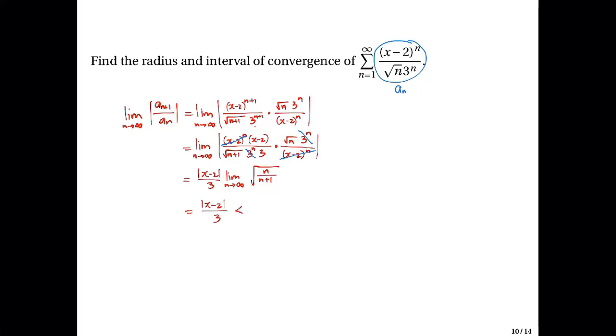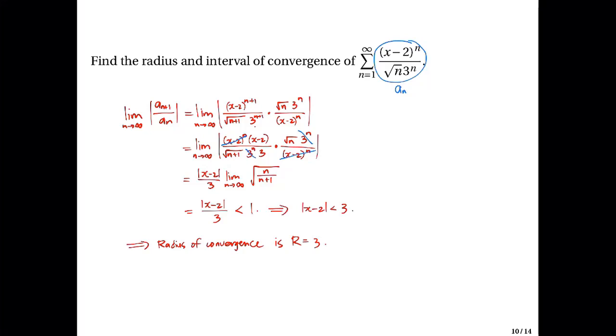And we want this to be less than 1, which gives us the radius of convergence, r equals 3. So that's coming from this inequality. Let me write that detail. This inequality implies that the absolute value of x minus 2 is less than 3. So yeah, r equals 3.